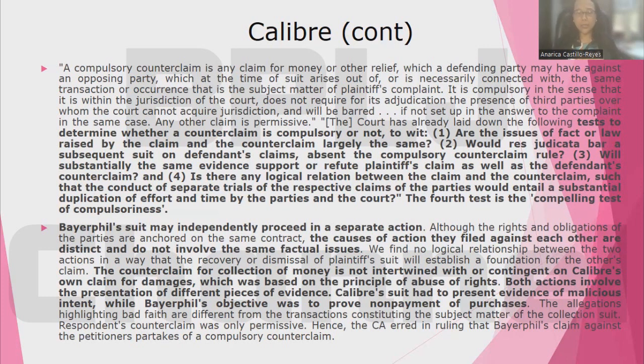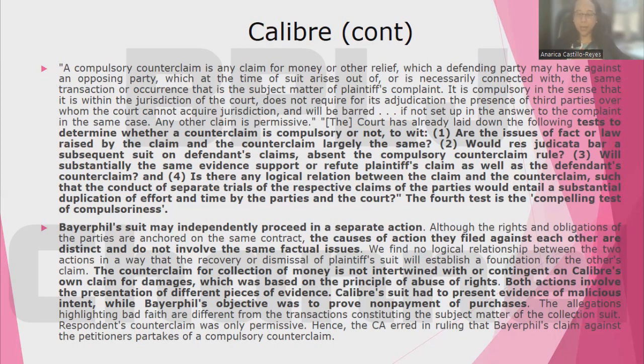Is there any logical relation between the claim and the counterclaim such that the conduct of separate trials would entail a substantial duplication of effort and time by the parties and the court? The fourth test is the compelling test of compulsoriness. Bayerfield's suit may independently proceed in a separate action.